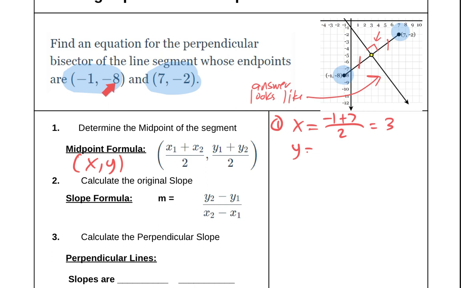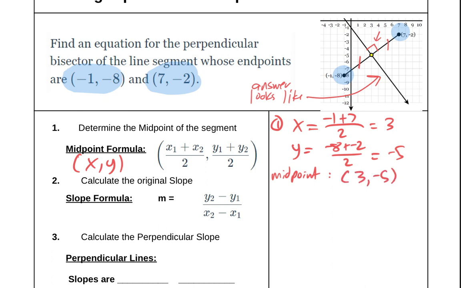So we're going to say negative 8, because y is the second value, negative 8 plus negative 2 divided by 2. And that's going to be equal to negative 5. Okay, so our midpoint then is going to be 3 comma negative 5.